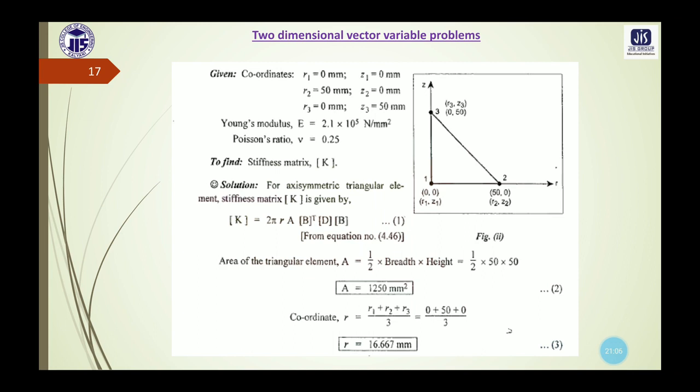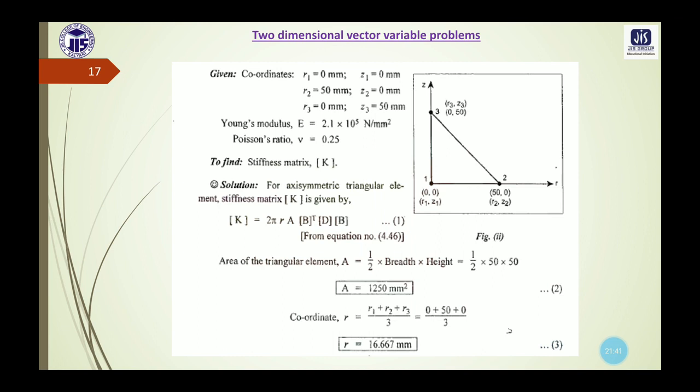We need to follow the same procedure that we have just discussed. The formula to calculate the stiffness matrix is 2 pi r a times B transpose multiplied by the D matrix multiplied by the B matrix. First we need to calculate the area of the triangular element, which is half into breadth into height.